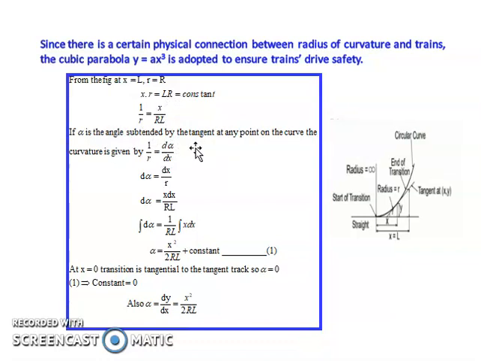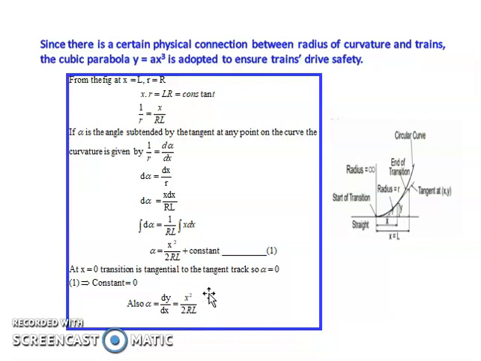We know that the curvature is given by 1 by R is equal to d alpha by dx. By using simple integration, I determine the value of alpha as x squared by 2RL plus a constant. By using the initial conditions, at x equal to 0, alpha will be 0, so naturally the constant value will be 0. We also know that the value of dy by dx will be the angle alpha.